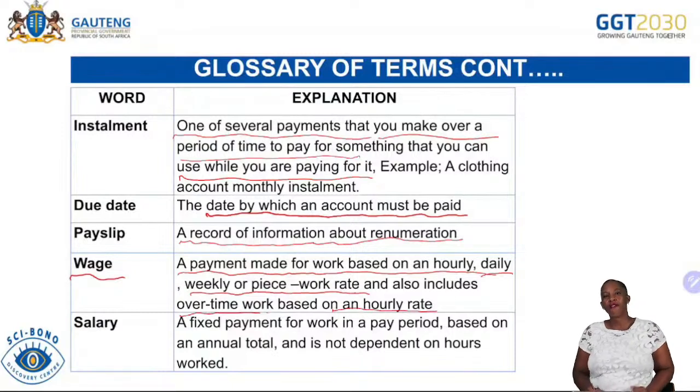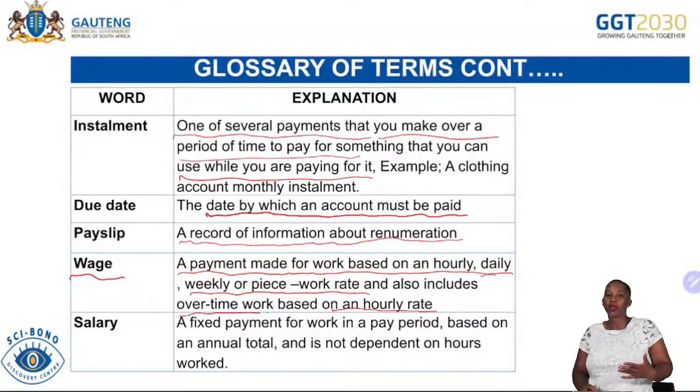So it means if I call you to come and do some work at my house, I'll know that I am going to pay this person on an hourly rate. So if they have worked for 4 hours and I am paying them 20 rand per hour, for 4 hours it will be 20, 40, 60, 80 rands. So they will get how much? 80 rands, because it is a wage. So it is based on the hourly or daily rate.